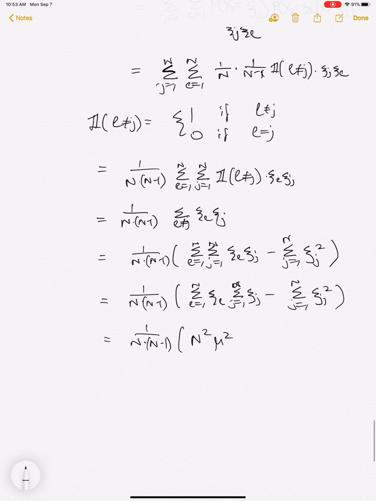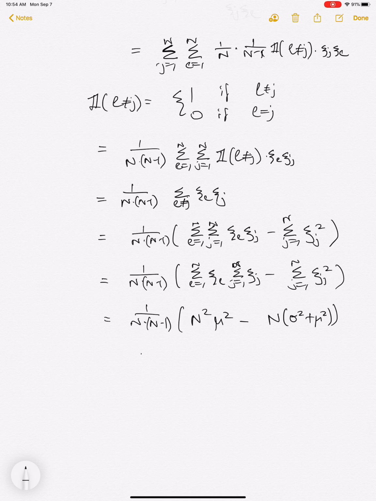And then we also notice here that this is exactly equal to minus n times sigma squared plus mu squared. The reason why that's the case is that sigma j squared just equals the expectation of xi squared, right? Just by definition. And so that's just going to equal sigma squared plus mu squared.